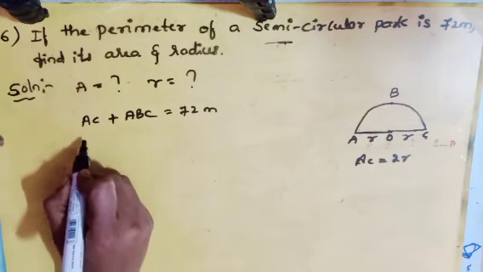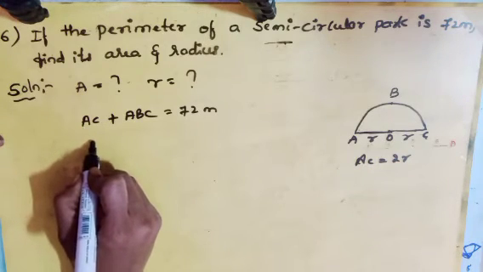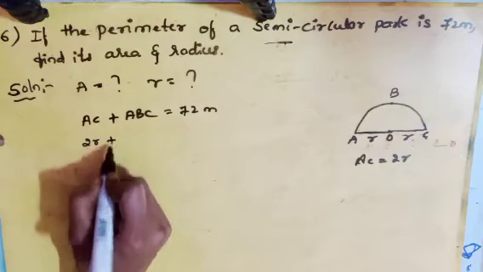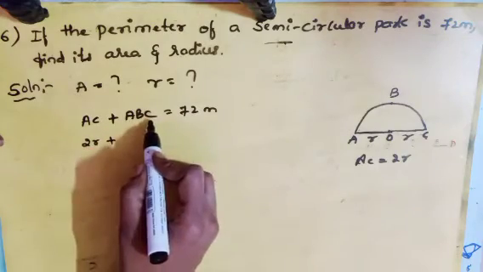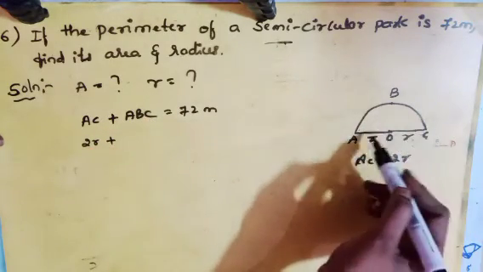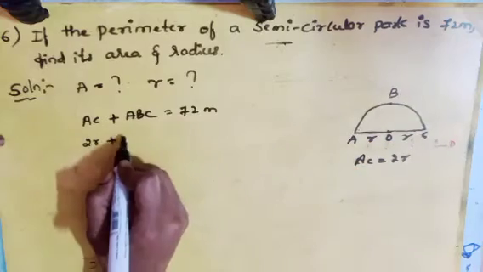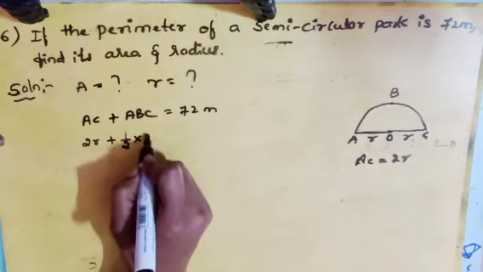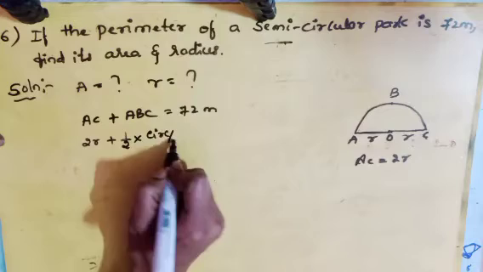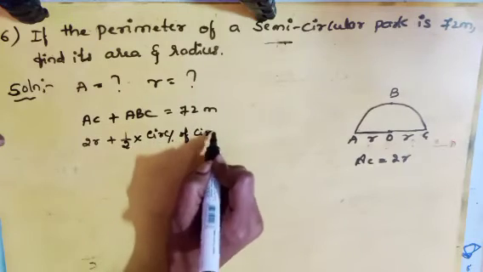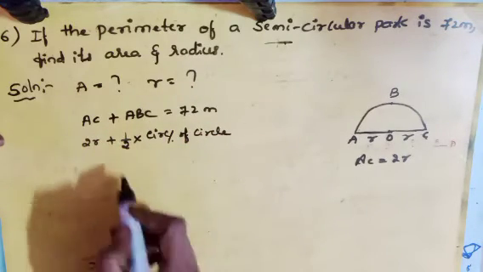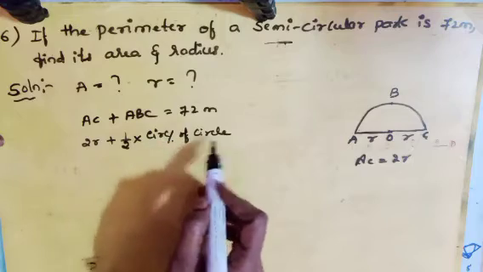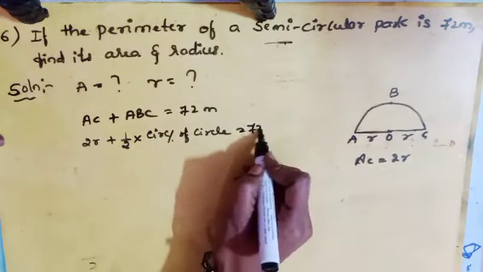Let us write here: AC means diameter, 2R, plus ABC, which is half of the circumference of a circle, equals 72 meter.